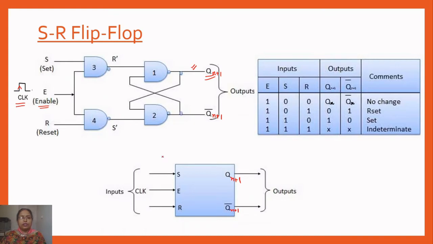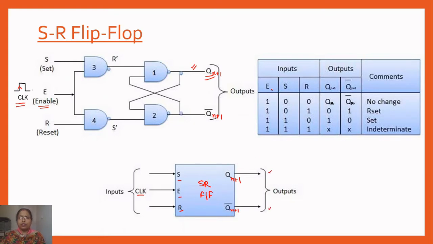As you can see, the truth table is given and this is the block diagram of the SR flip-flop. Simple, this block is the SR flip-flop, and the inputs are S and R. E is the enable, which is provided by the clock, and there are two outputs, Qn plus 1 and Q bar n plus 1.